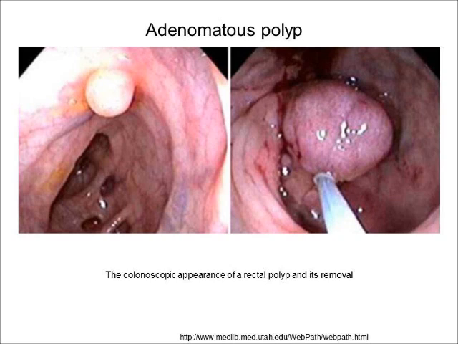The polyp can then be removed using a snare-like device as shown on the right, after which it can be sent to pathology for further analysis. If no adenocarcinoma is present in the stalk, then no further treatment is necessary. Now, this approach for removal of precancerous polyps has reduced the incidence of colorectal cancer in the United States since it came into wide use in the late 1990s.